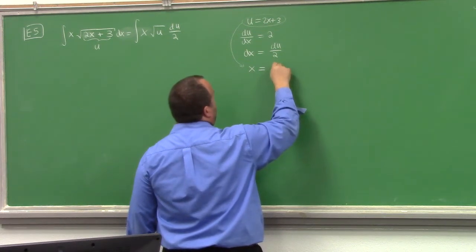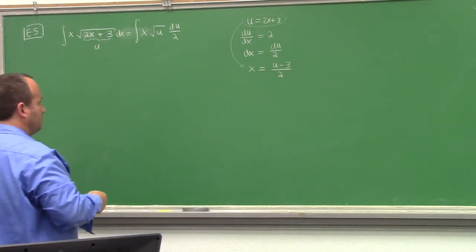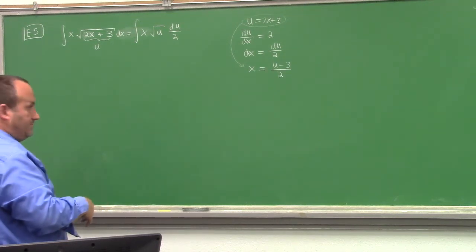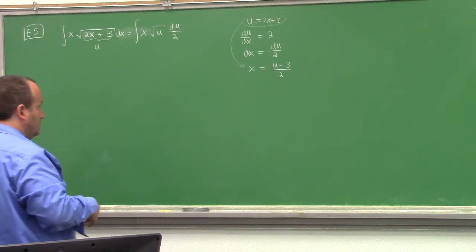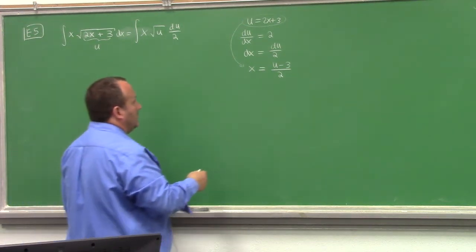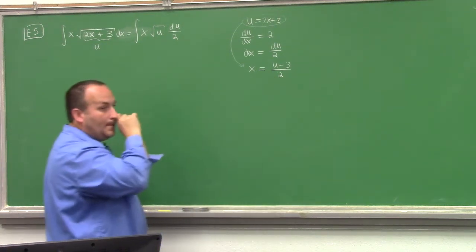How about u minus 3? Oh, you had a 3 halves. There's the 3 halves in there, you're right. So subtract 3 to the other side and then divide by 2, right? Okay. We're good now? So this is x. X is u minus 3 over 2.